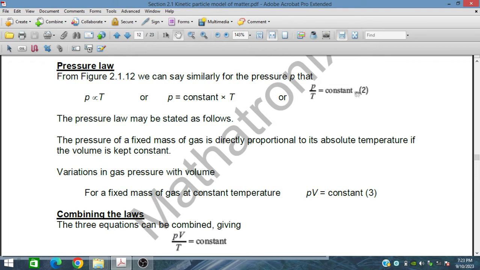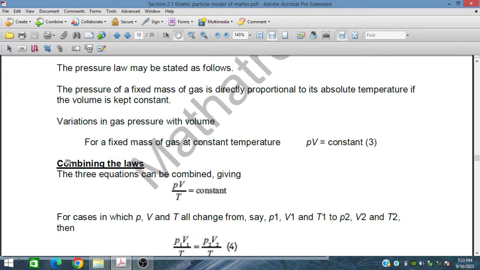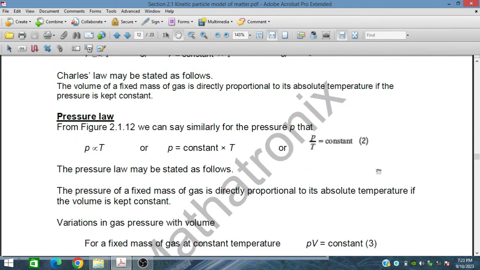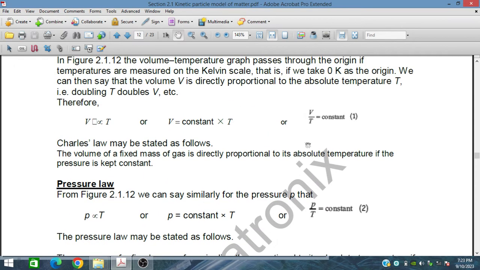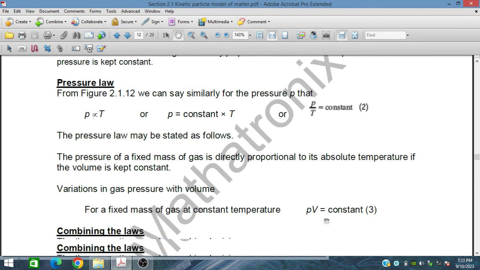P upon T is equal to constant, and on combining Boyle's law, Charles law and pressure law, the three equations can be combined. This is the pressure law, this is Boyle's law, and this is Charles law.